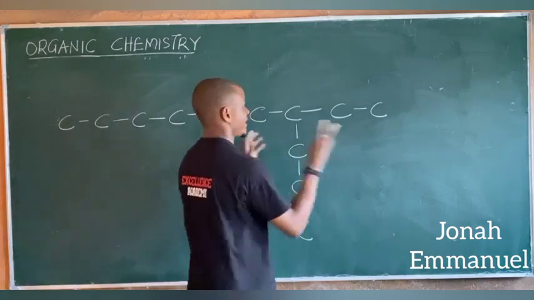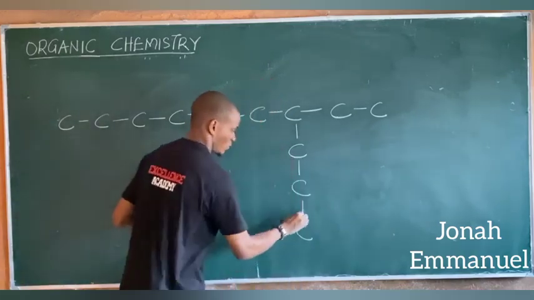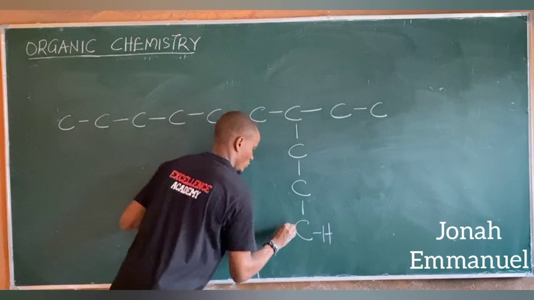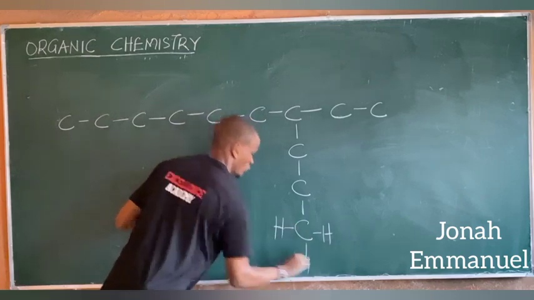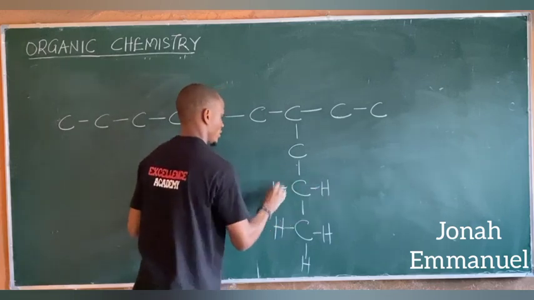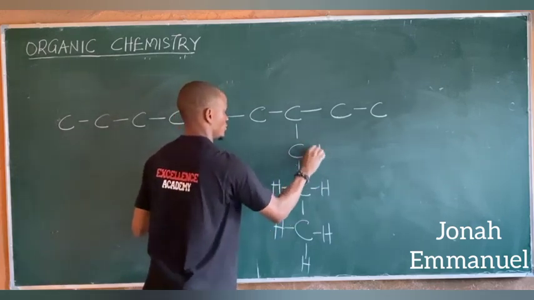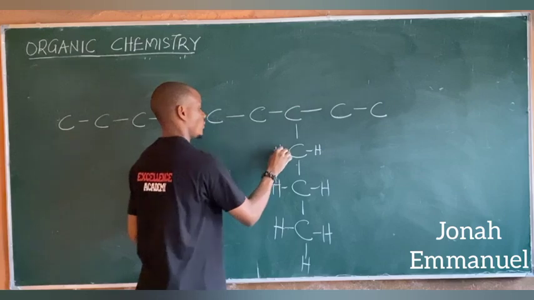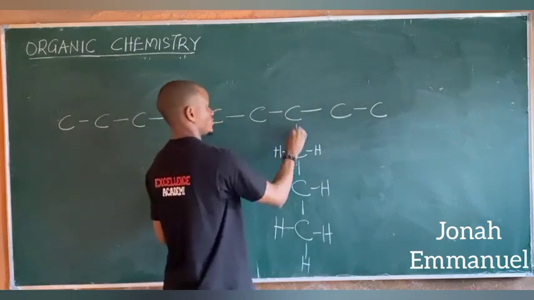Right, so let me try to balance this up. This is 1, 2, 3, 4. So this is now having 1, 2, 3, 4. Right? This is having 1, 2, 3.